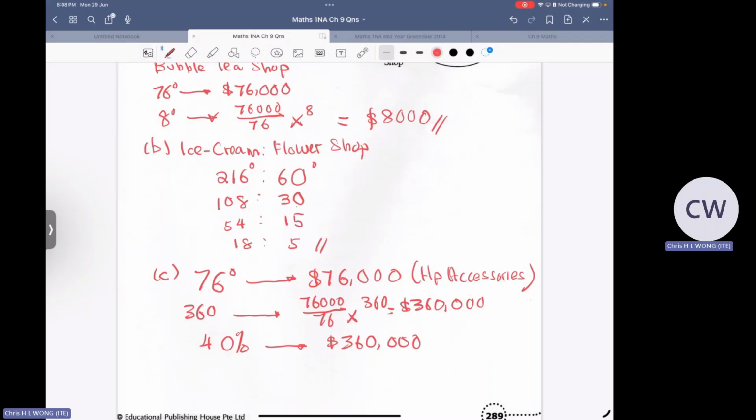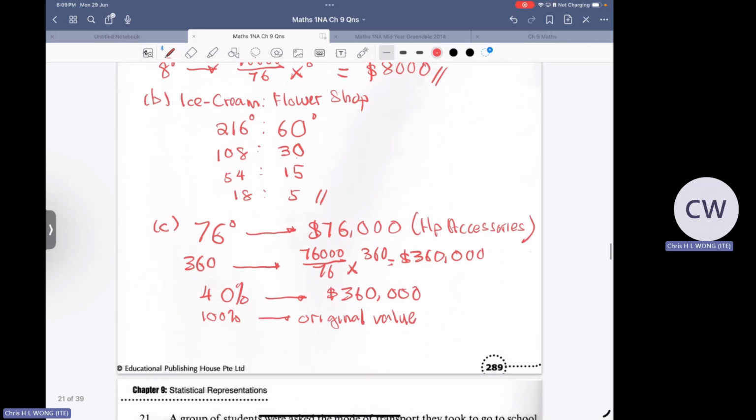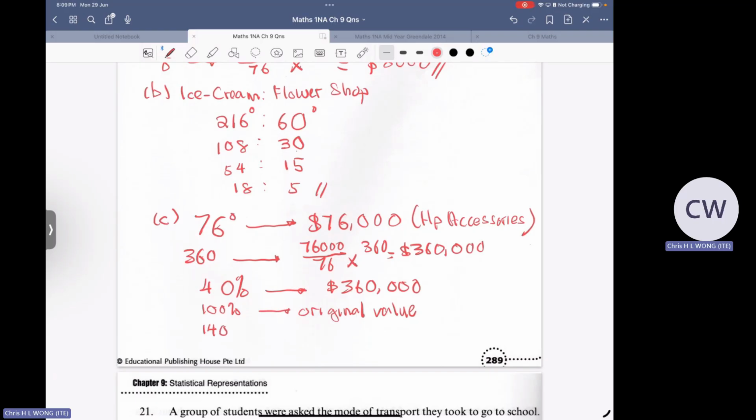I put now 100%. 100% is original value. Okay, but we don't want 100%. We want plus profit, 140%. Original plus profit is equal to 360 divided by 40 times 140%.